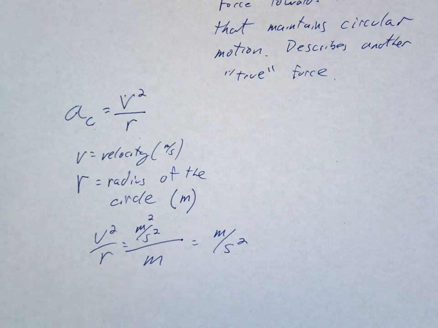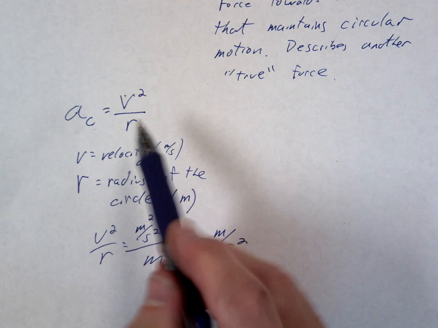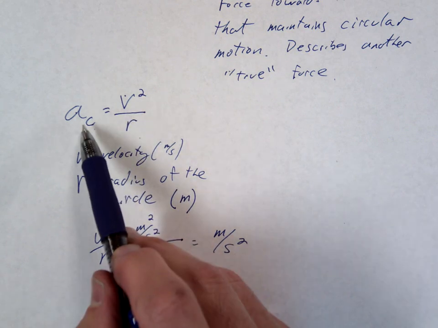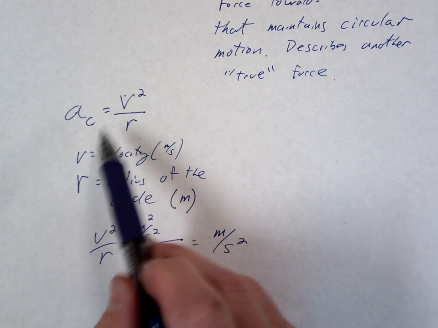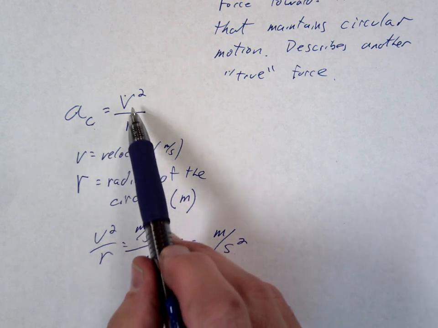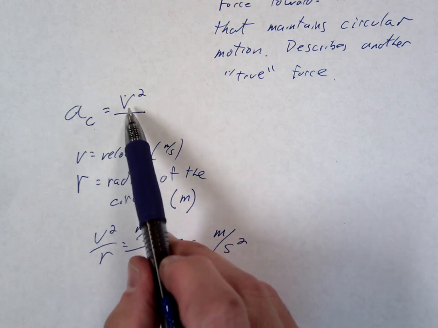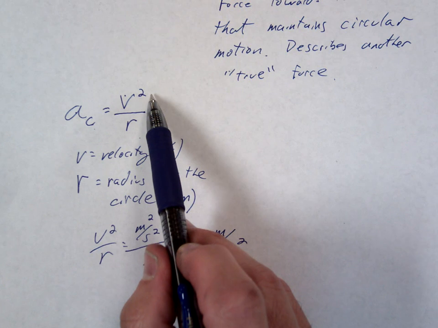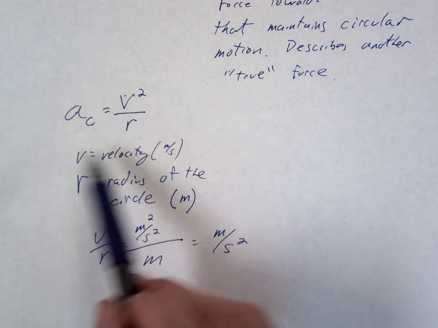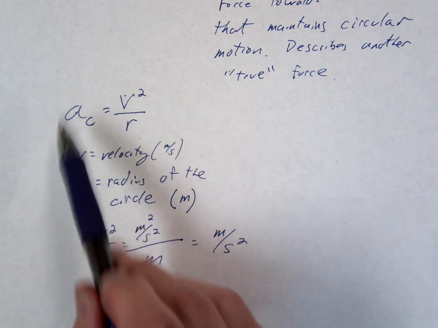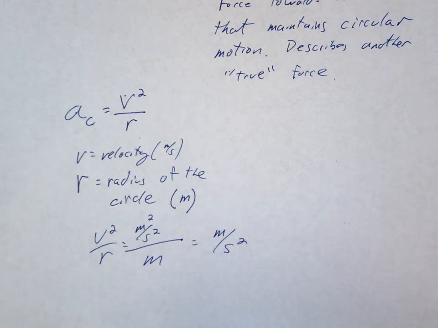In fact, if the velocity doubled, what would happen to the acceleration? It would increase, but how much? 2 squared times larger. So if v doubled, what would happen to a? It would quadruple, it would go up by a factor of 4. Okay? All right. Let's go ahead and try a problem here.